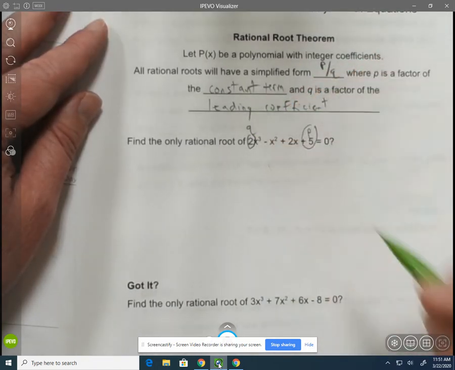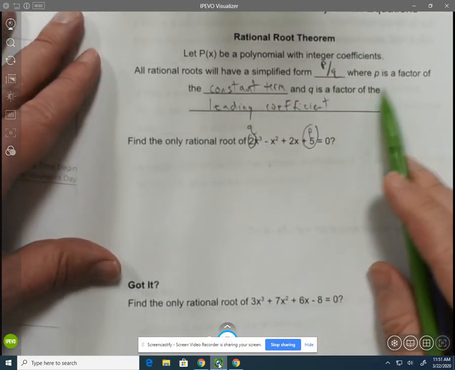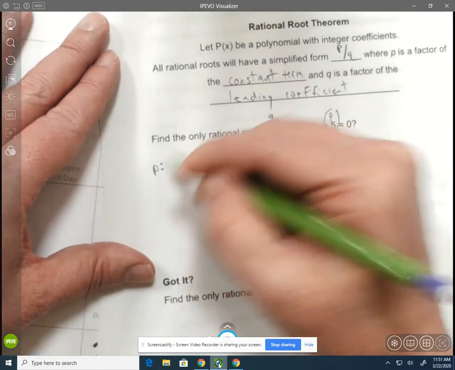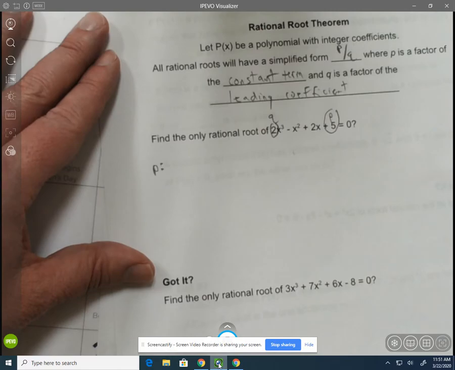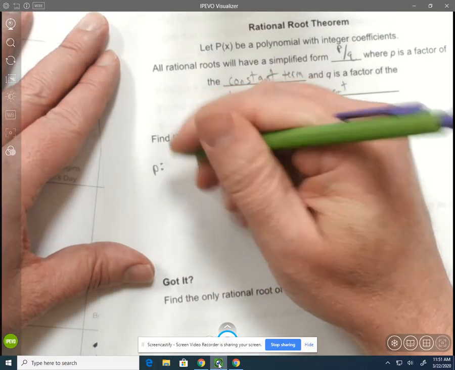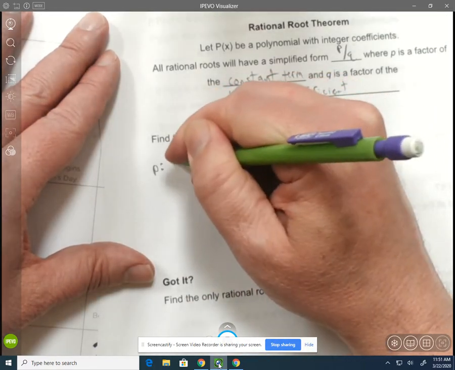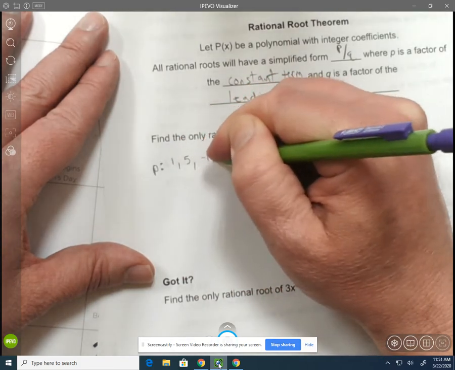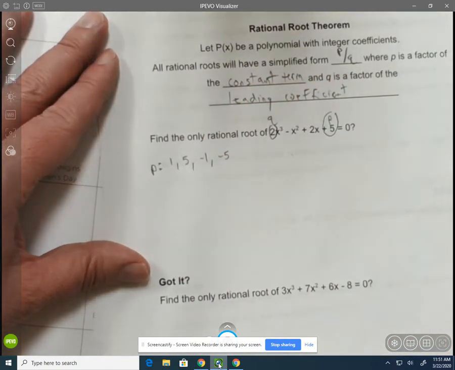It says p is a factor of 5. So here are the possibilities for p. It's all the different factors of 5. Well, there's only a couple: there's 1, and there's 5, and there's also -1 and -5. We also have to look at the negatives of those.